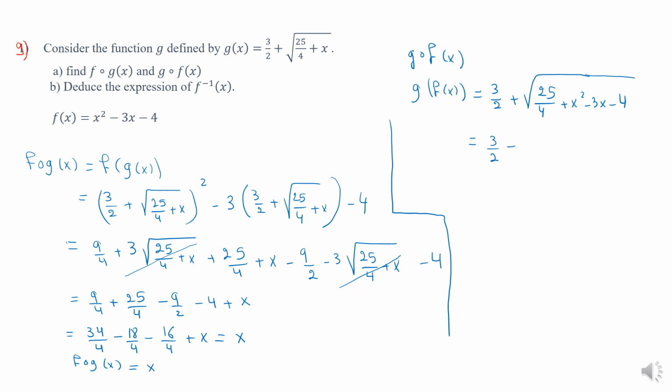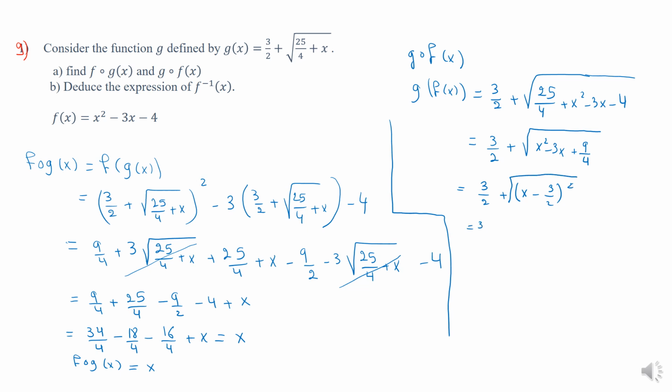3 over 2 plus radical of x squared minus 3x, 25 over 4 minus 16 over 4 is 9 over 4. So this is 3 over 2 plus radical of x minus 3 over 2 squared.